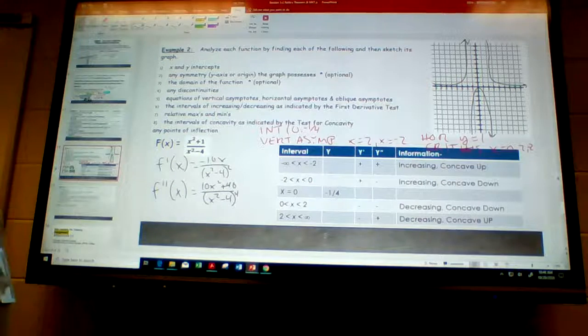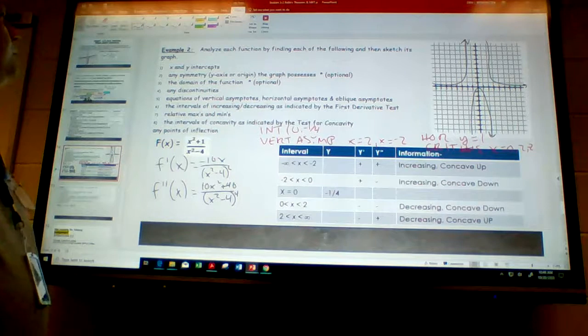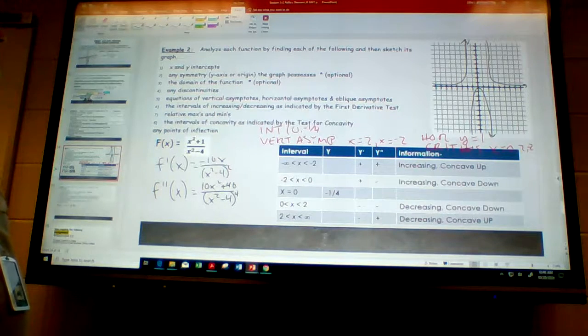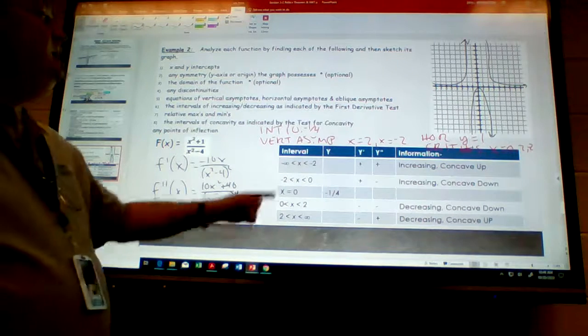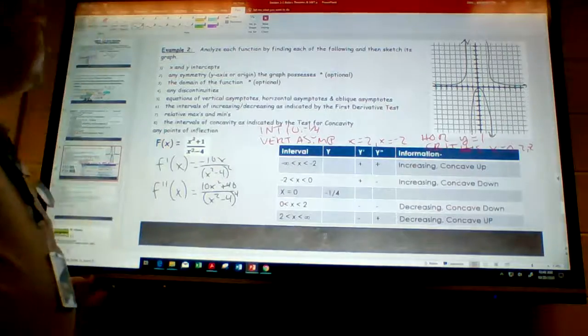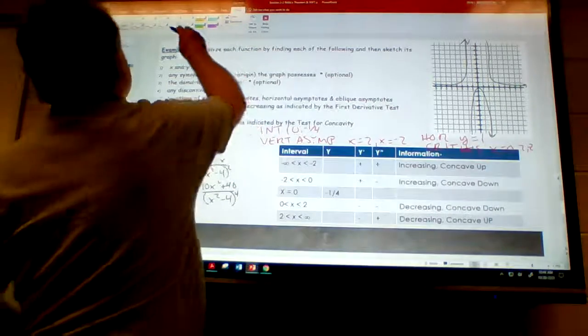Okay, so here's what we did. We went ahead and did the first derivative, which we got negative 10x over x squared minus 4, squared. And with the second derivative, we get 10x squared plus 40 all over x squared minus 4 to the fourth. We also got that the intercept is at 0, -1/4, and that's just from graphing it.